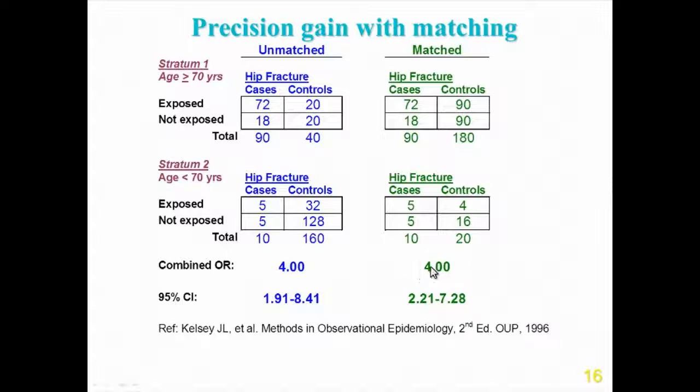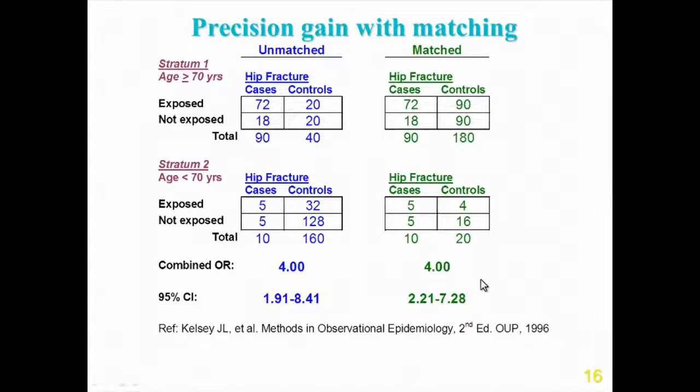same odds ratio, the same relative risk estimate, and there's no reason why we shouldn't, because there's actually no bias inherent in having an unbalanced control group relative to the cases. There's no bias in that, but there is a reduction in precision. So if you look at the corresponding confidence interval, you can see that it's actually narrower.